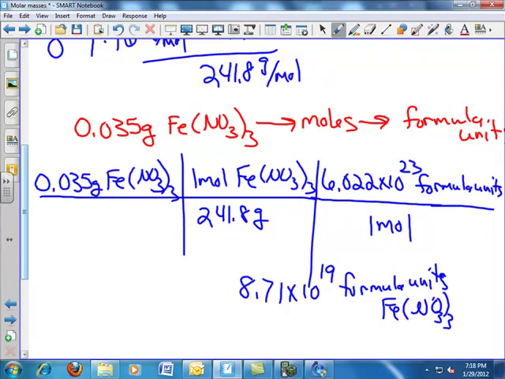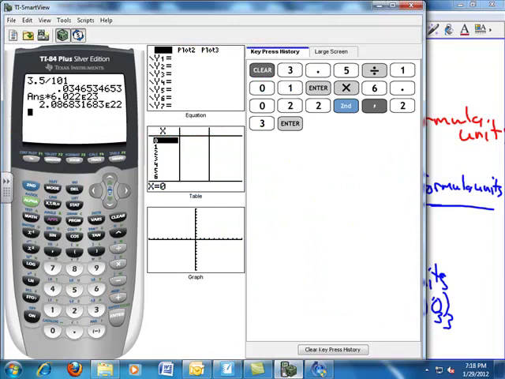Okay? Now, if you want to fast forward, you can. I'm just going to show the math behind this.